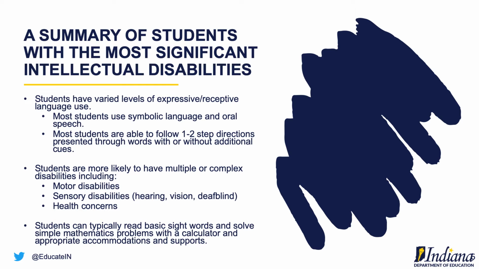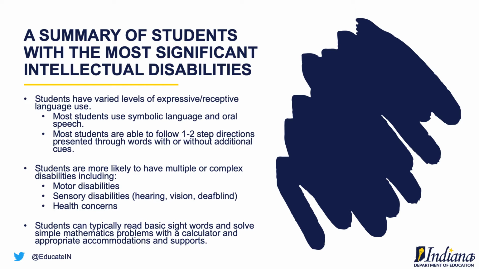Students with significant disabilities have varied levels of expressive, receptive language use. However, most students use symbolic language and oral speech and are able to follow 1 to 2 step directions presented through words with or without additional cues.